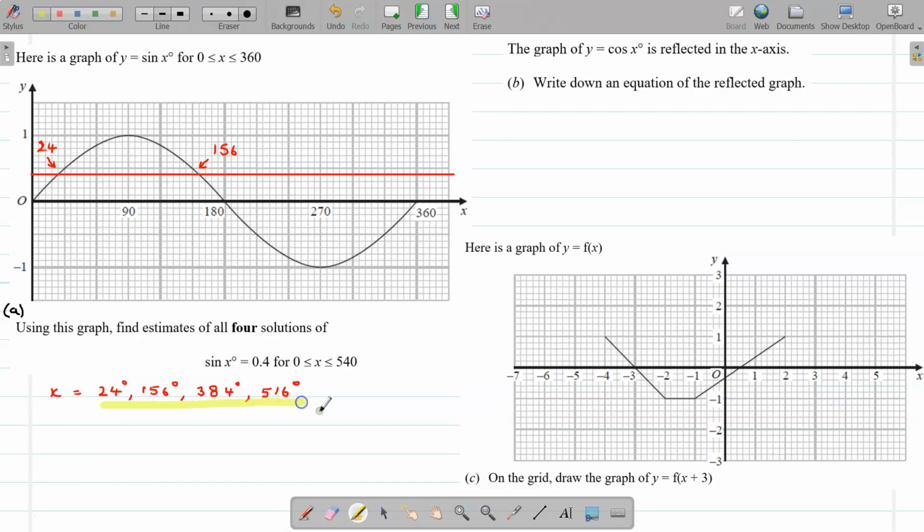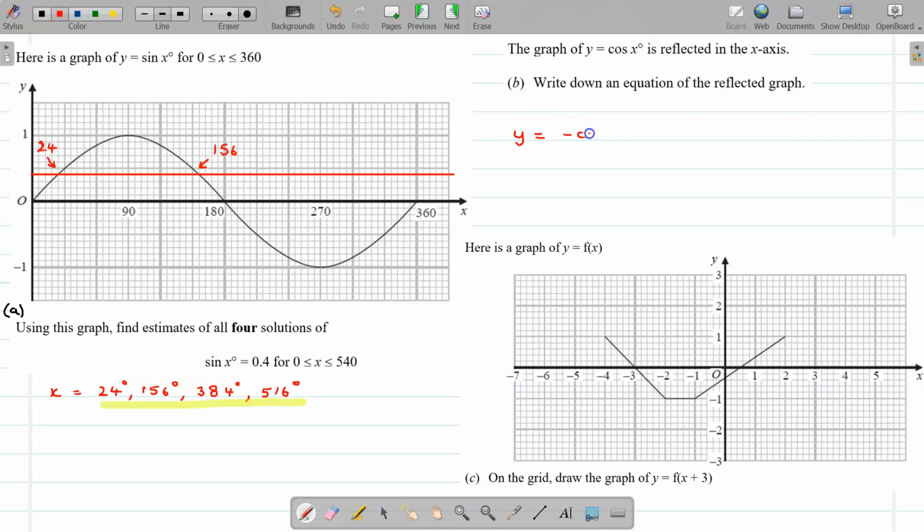So in this part B, they're simply asking us to take the graph of y equals cos x, which they haven't drawn, but they want us to reflect it in the x-axis. Well, all you need to know is that the graph that you get would be minus cos of x.